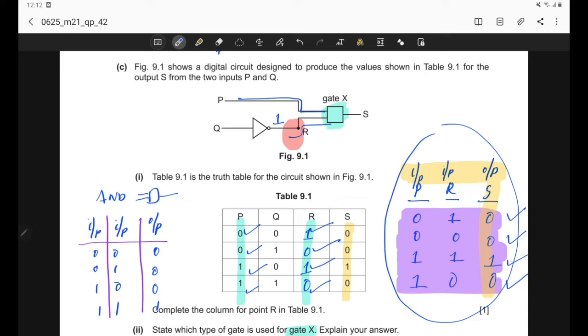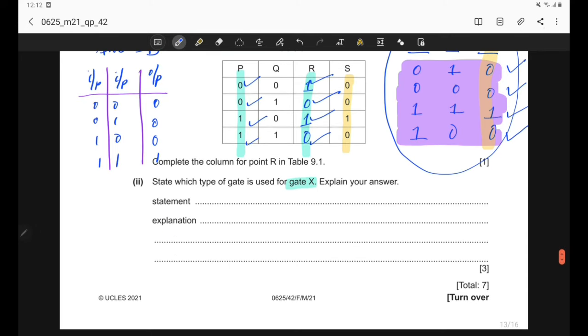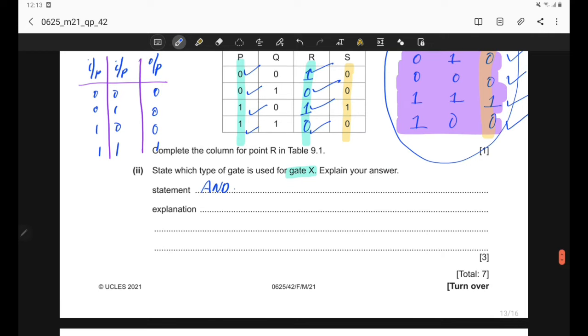So definitely it must be an AND gate. So we can write as the statement, it is an AND gate. And we need to give the explanation here. As we discussed, we can write down: when inputs are 1 and 1, the output is 1.